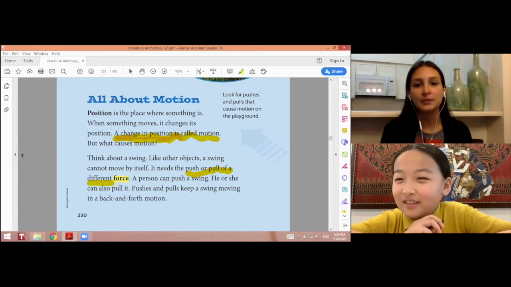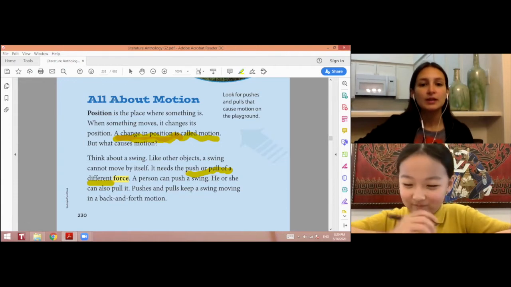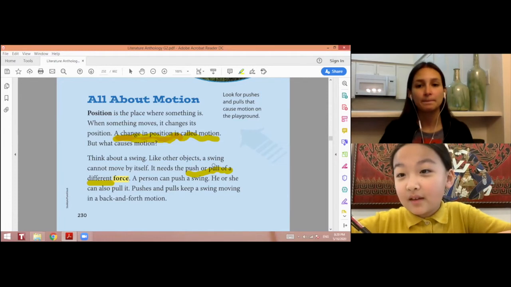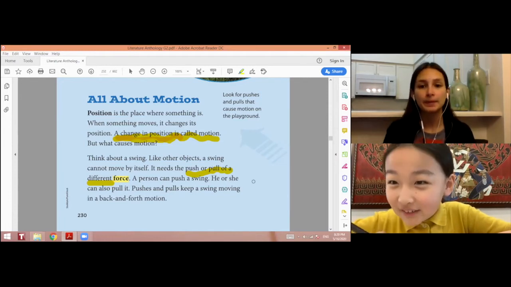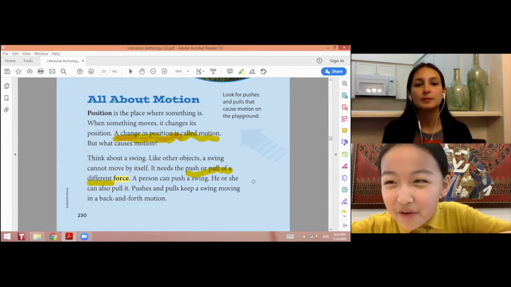Okay, so you can write: force is like a push or a pull.